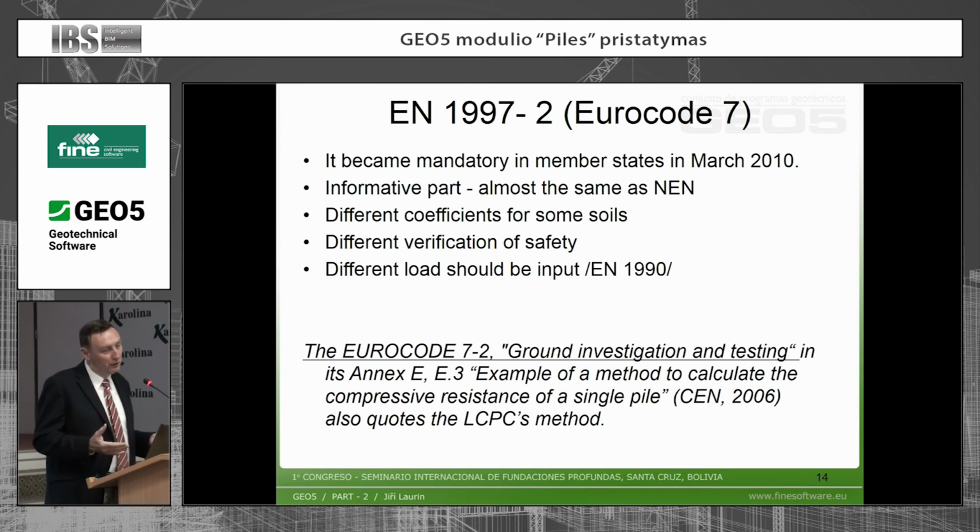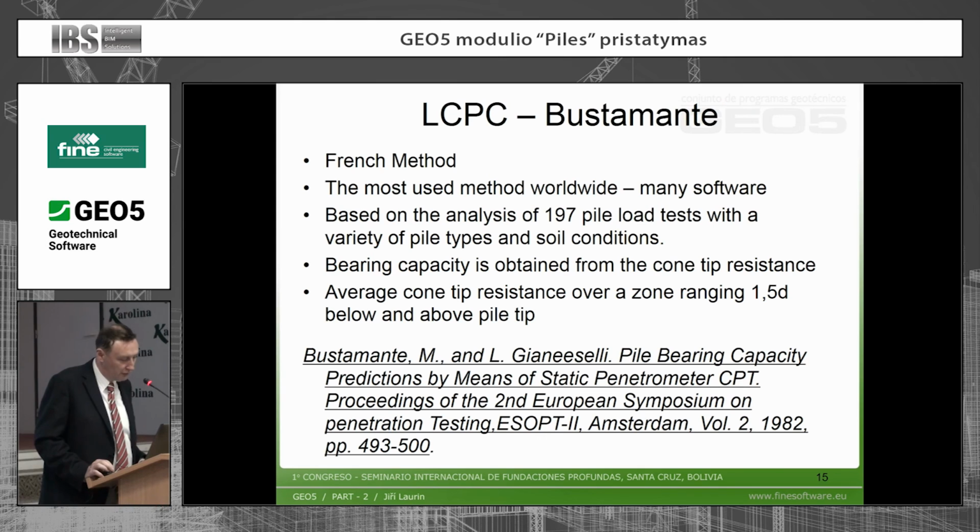If you open the Eurocode, it fascinated me that they took even the same figures, same pictures without any changes and put them into Eurocode. And to have some difference, I suppose they changed the partial factors, so that we can say that it's Eurocode. Then we have a French method, LCPC Bustamante.